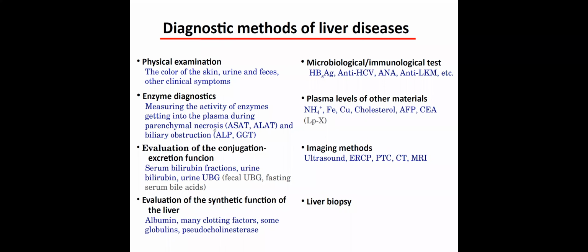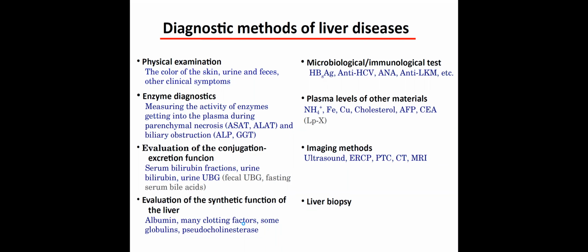Another one that usually evaluates the synthetic capability of the liver, such as the serum albumin level, certain clotting factors that are synthesized by the liver, or some globulin, or the pseudocholinesterase that again is released from the liver.